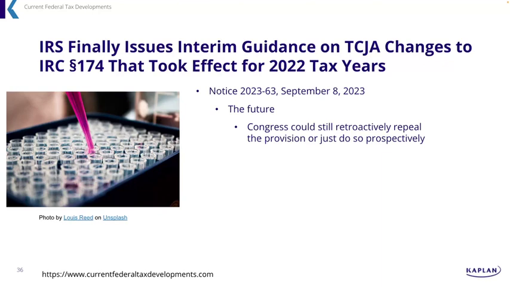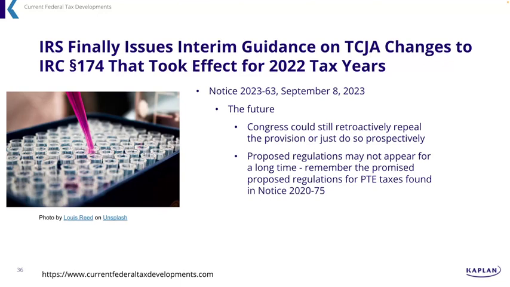What exactly does this do? What are the consequences? And also, when we're talking about we're supposed to get proposed regulations, please remember that the promised proposed regulations for the pass-through entity tax that were announced in November of 2020, in Notice 2020-75, so nearly 3 years ago, we've still not seen anything on them.